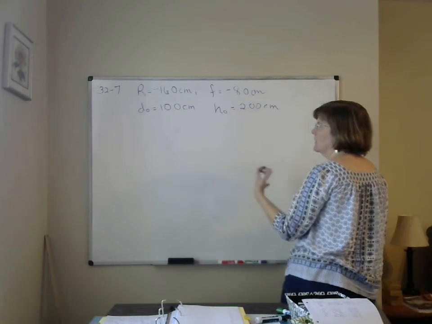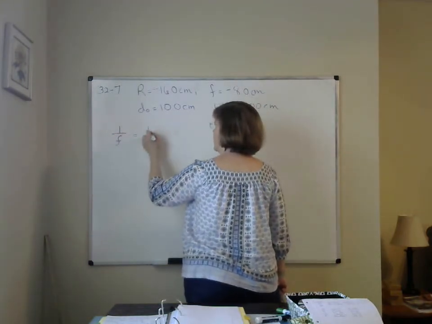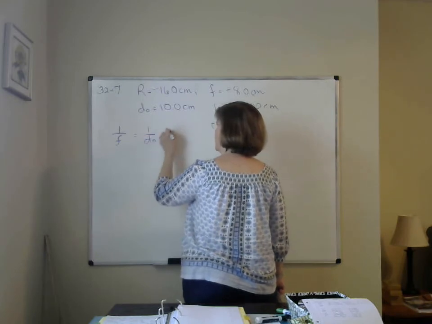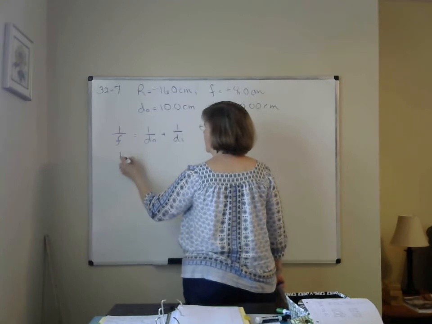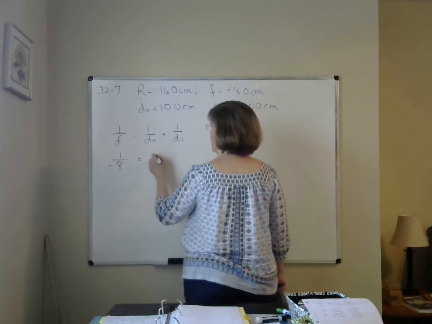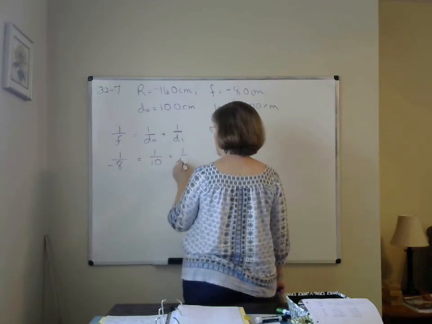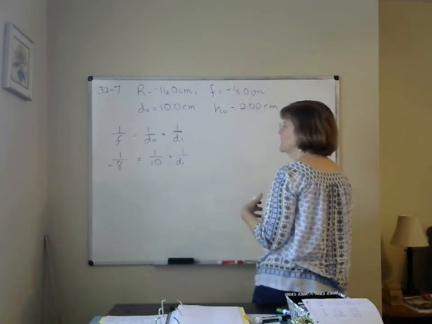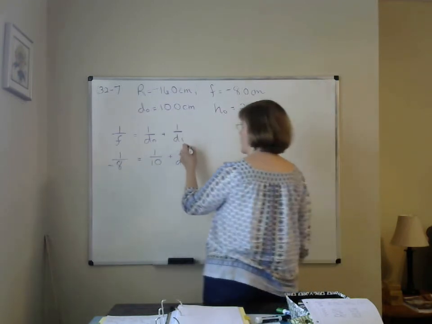If we want to get the location, 1 over f equals 1 over dO plus 1 over di, that's going to be 1 over negative 8 equals 1 over 10 plus 1 over di. If I was going to get a common denominator, I would probably pick 40 di.